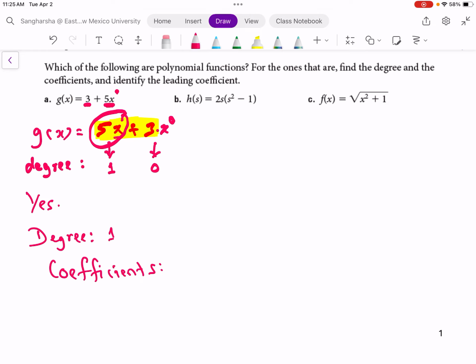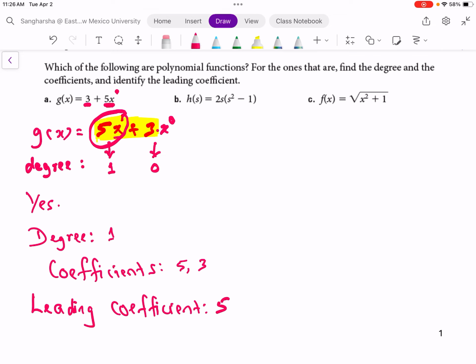So the coefficient is 5, and a constant by itself is also a coefficient. So a coefficient is a number in front of the variable. Those are the coefficients. And next we need to find the leading coefficient, which is 5. It's the coefficient of the term with the highest degree. We have this term with the highest degree, and its coefficient is 5. So 5 is the leading coefficient.